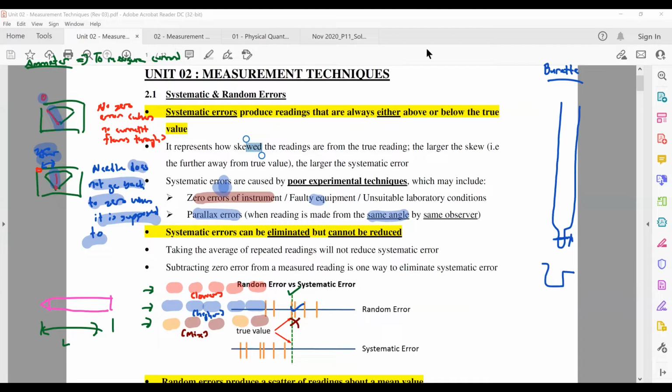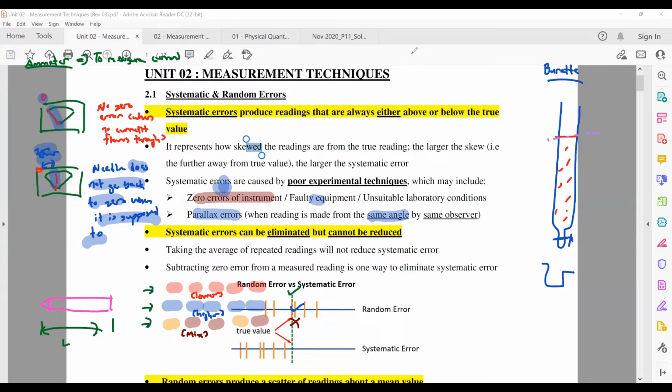So you fill liquid inside the burette, and then you open up the outlet at the bottom so that the liquid flows down. A lot of times when you want to read your volume on the burette, a good practice would be to always read it at the meniscus level.